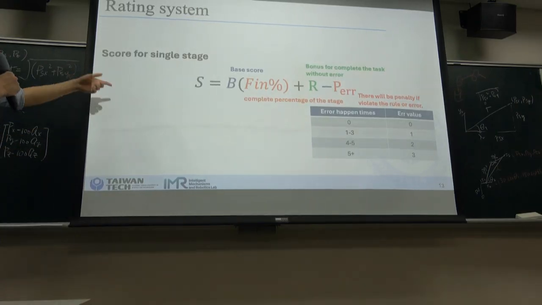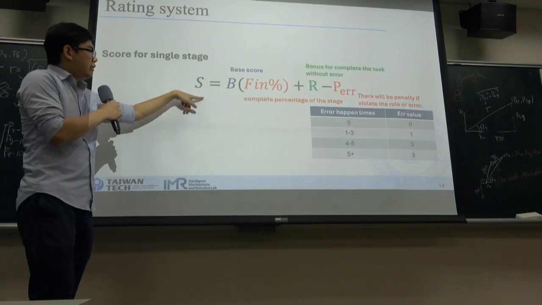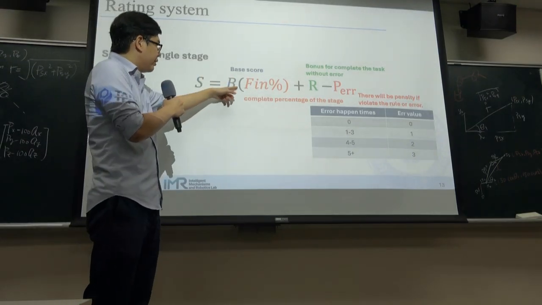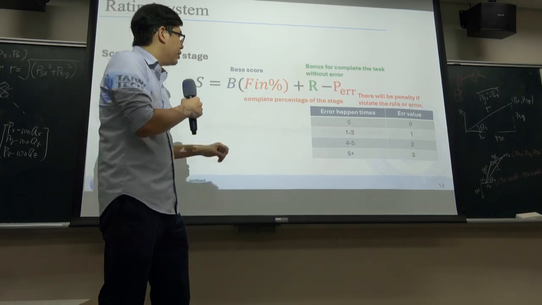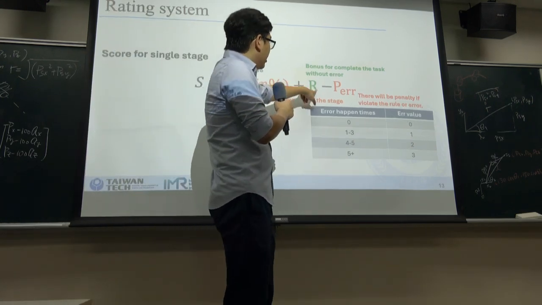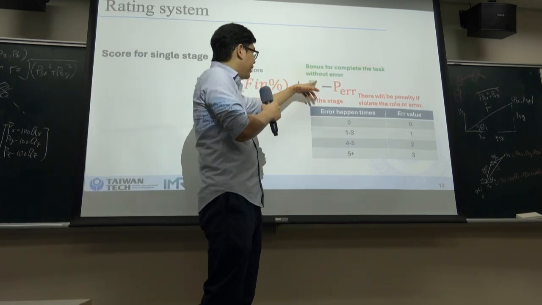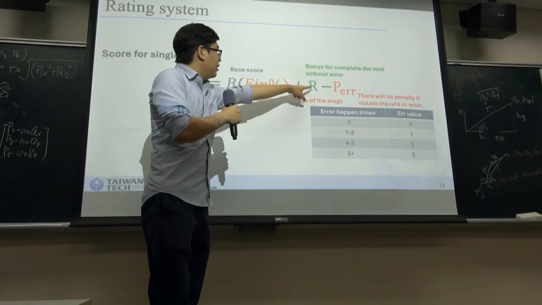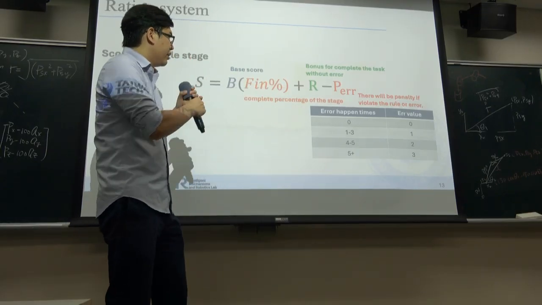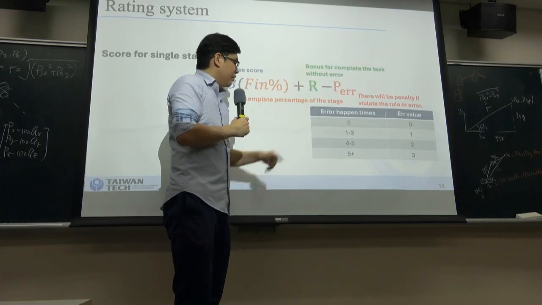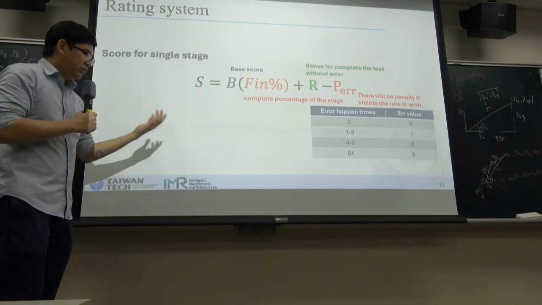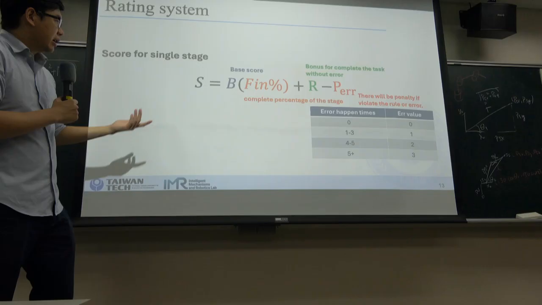And the rating, this is the final score: we have a base score times your completion percentage, and because we encourage you to finish the task, there will be a reward. If you finish the task, you can get more marks.